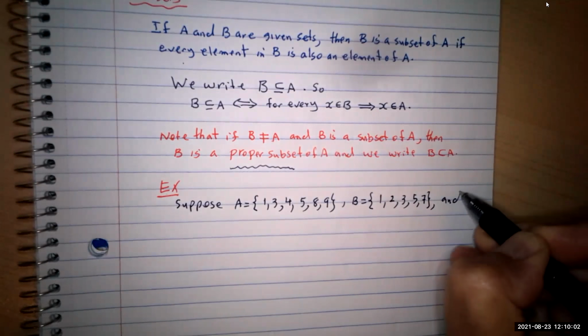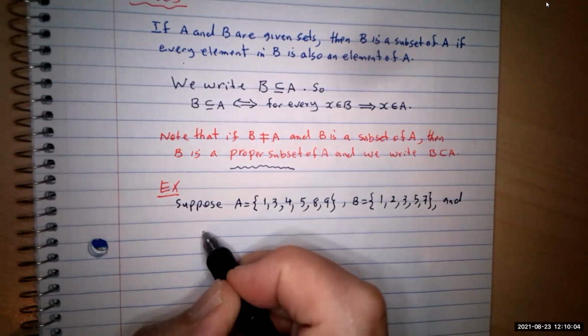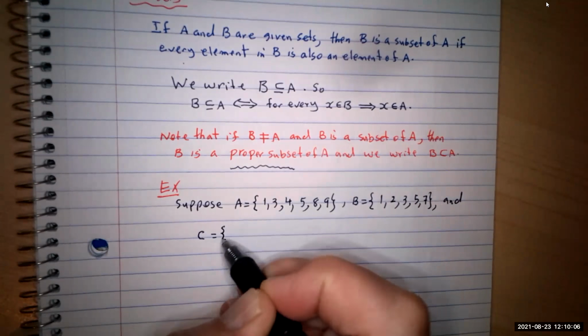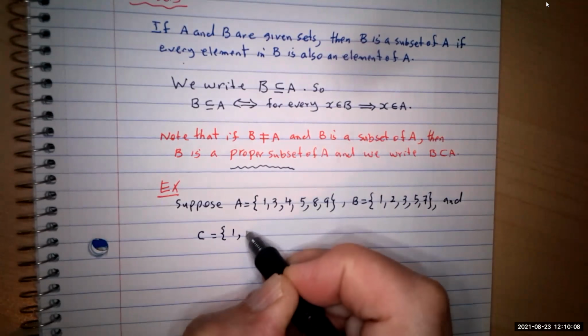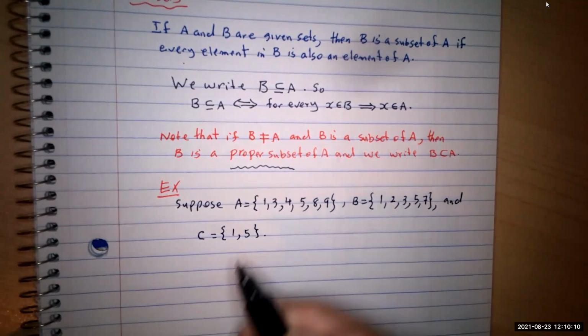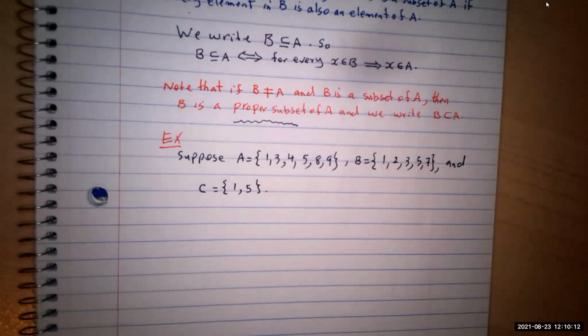And we give you another set, C equal to 1, 5. These 3 sets are given to you. Can you tell us which set is the subset of the others?